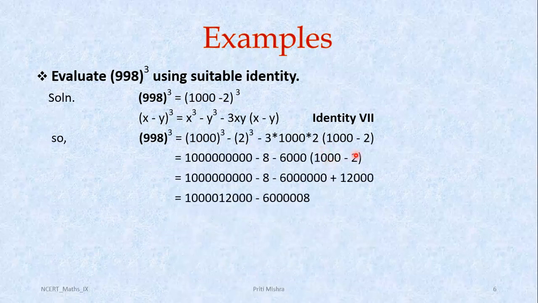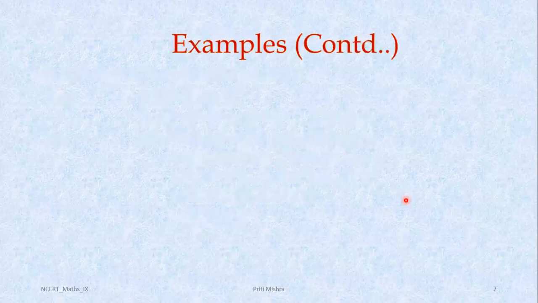Then after subtracting these two terms, we have our solution, which is 99 crore 40 lakhs 11,992. So a huge number. This is a very nice use of these identities. Clear? So let's come to our next example.